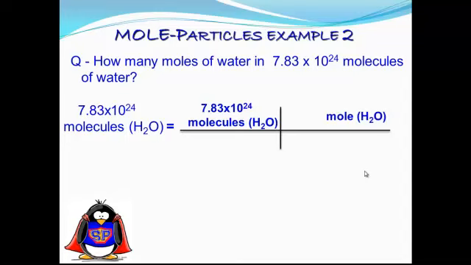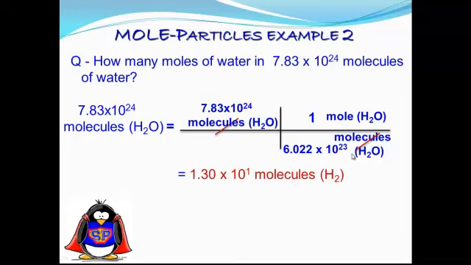You want to get to mole of H2O, so you have to cancel the molecules of H2O, put it on the bottom, then you simply fill in the blanks. 1 mole of water equals 6.022 times 10 to the 23rd molecules of water. Molecules of water cancelled, you got your desired mole of H2O. So then you can just simply clean up and carry out the mathematical operations.